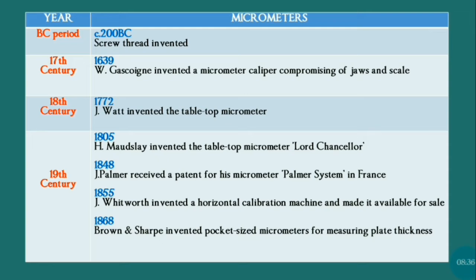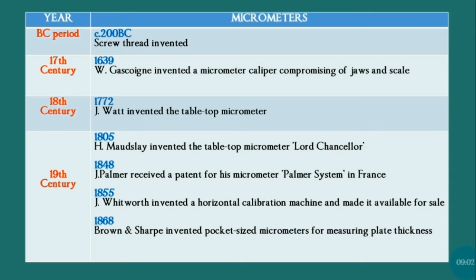Essentially, Palmer used the same principle in his compact handheld micrometer. However, his design was more advanced and marked the beginning of modern micrometers. Modern micrometers closely follow the Palmer system's basic design of a U-shaped frame, thimble, sleeve, spindle, anvil, and etc.